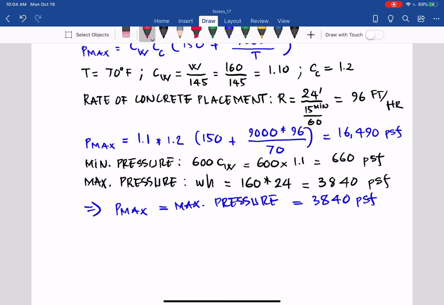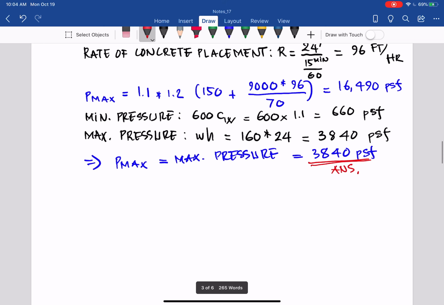So that should be the answer, not the 16,490 pounds per square foot. So we always have to check the minimum pressure and maximum pressure.